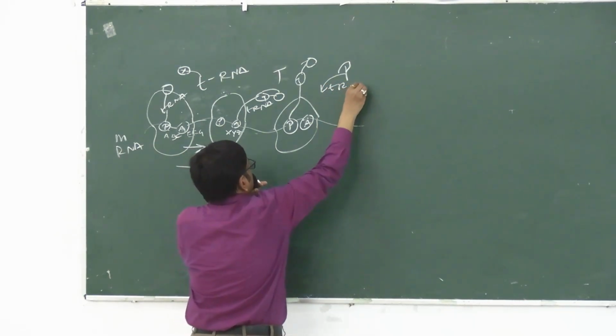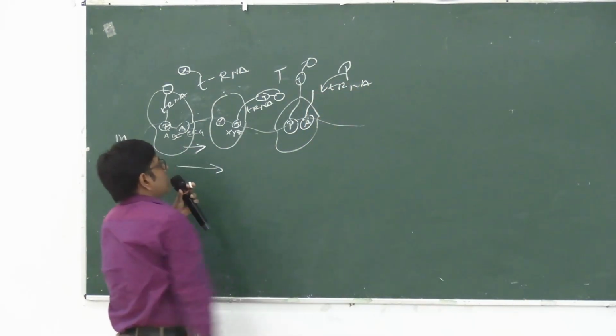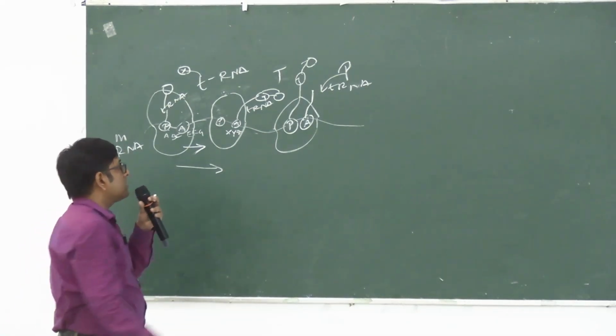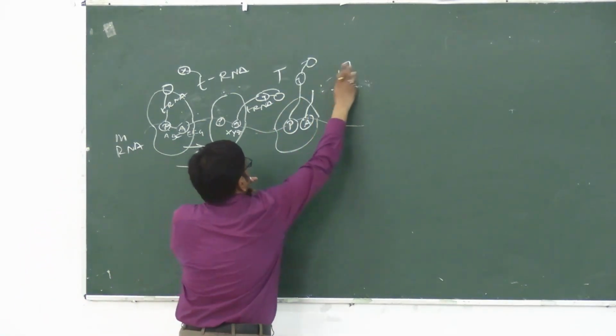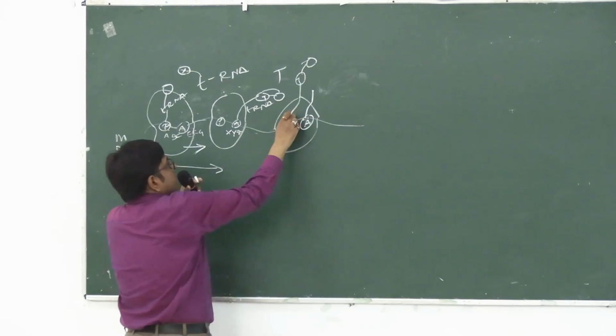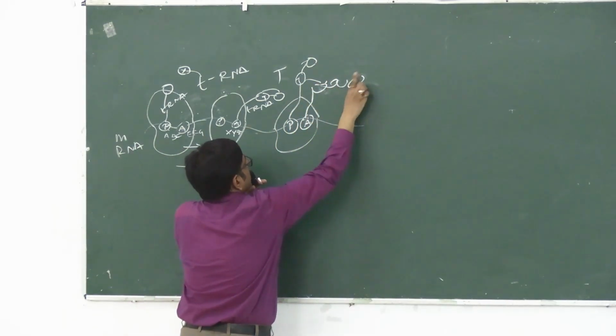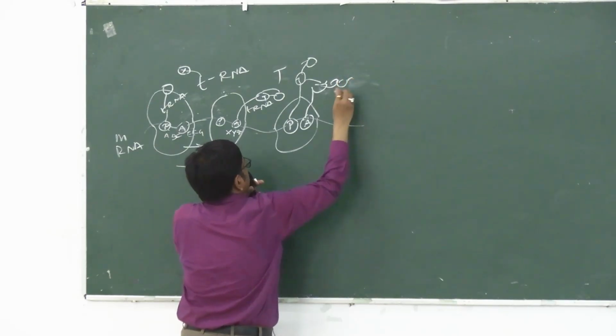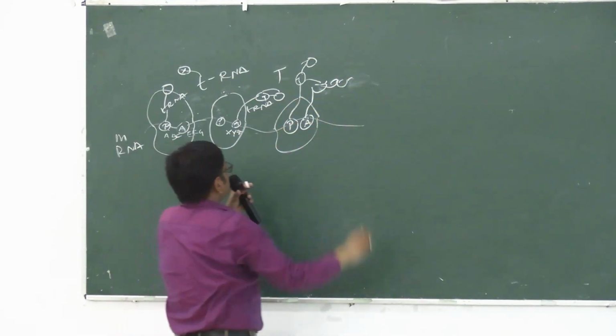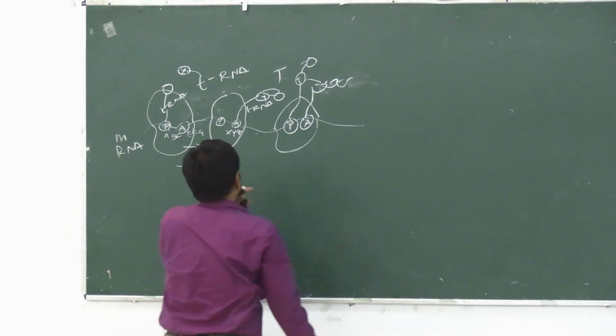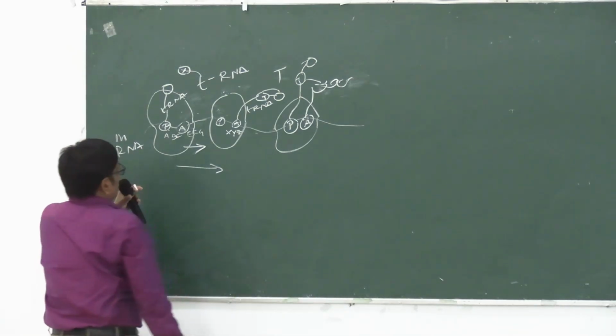That tRNA will come and again join at the A site, and again these amino acids that are present in the P site will shift here and form a chain of 3 amino acids together, and that process will again be called transpeptidation. So this is about transpeptidation.